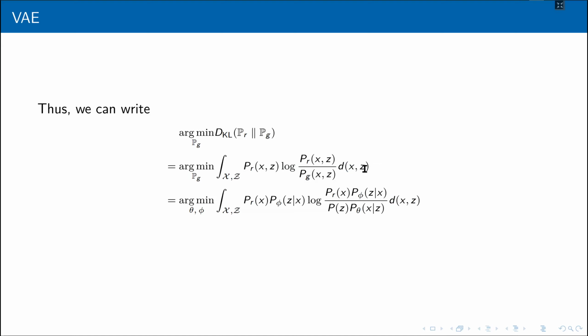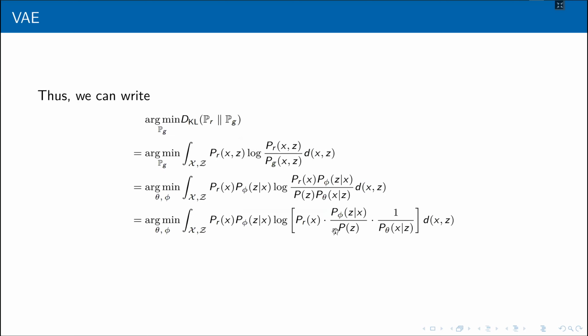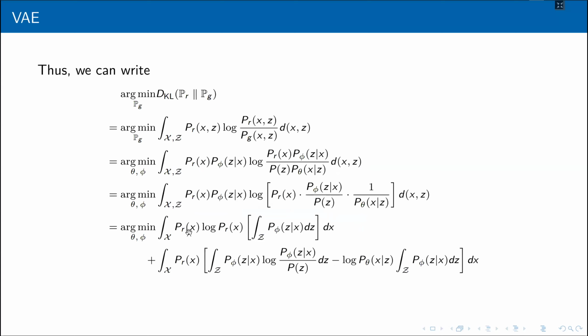Maybe this is not standard, but you can understand that this can be split into three terms. The first is this; it has nothing to do with the others.